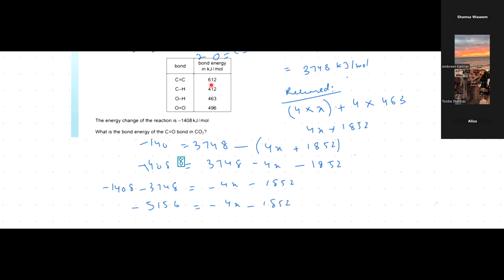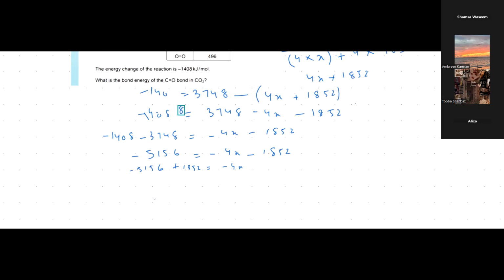I'll just keep this value over here. 5156 plus 1852 is equal to minus 4x. So we are getting here 3,304 is equal to minus 4x.